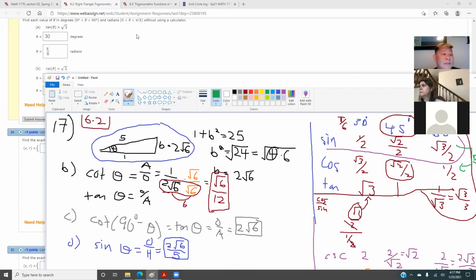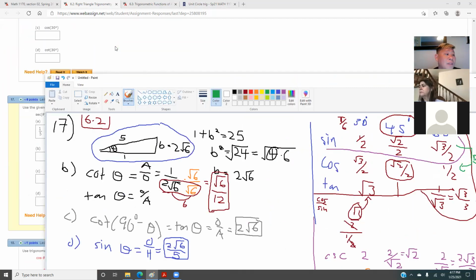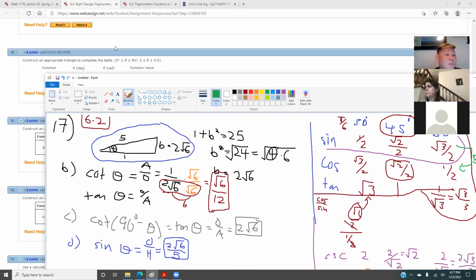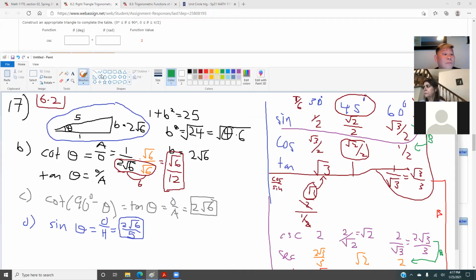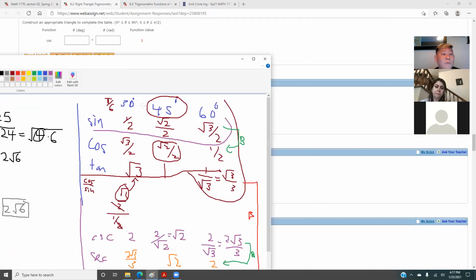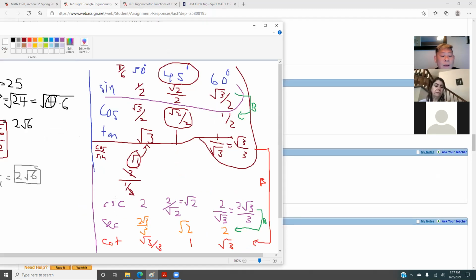So question, this is again 6.2 here. Number 10 is this one. So again, this is all based on this table that we just drew here. So now we want the angle. So cosecant, what angle gives us 2? Anyone know?